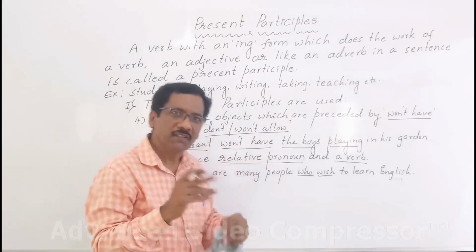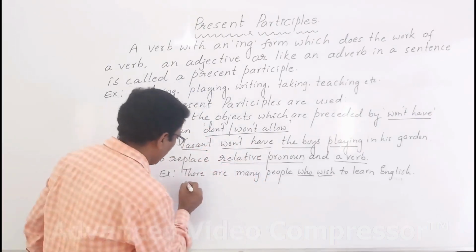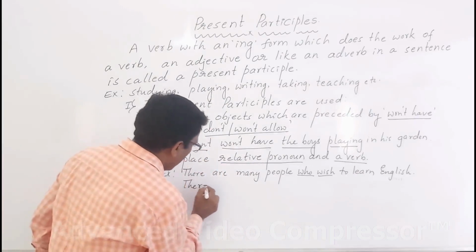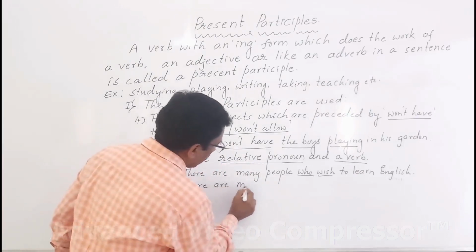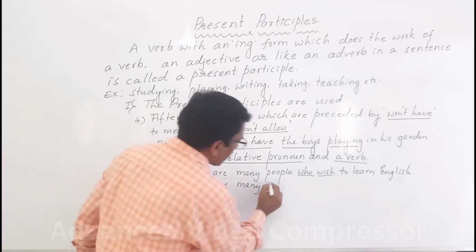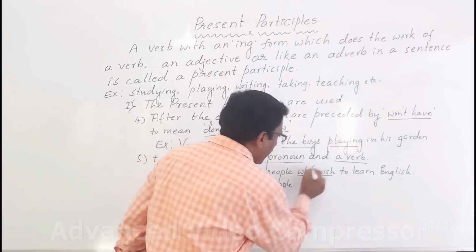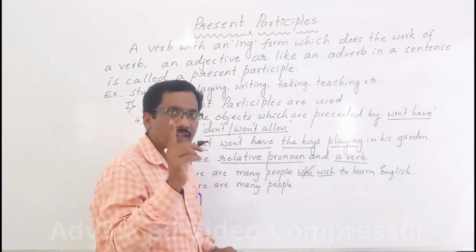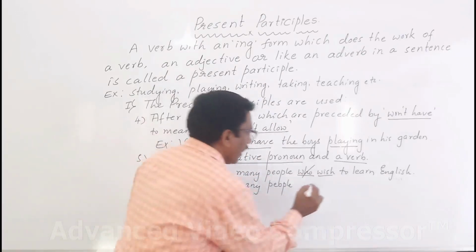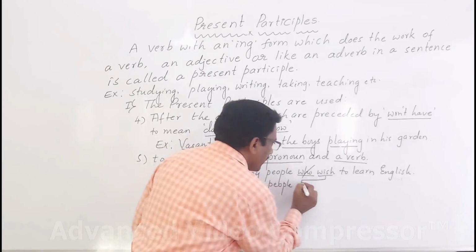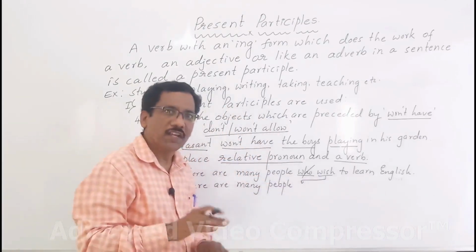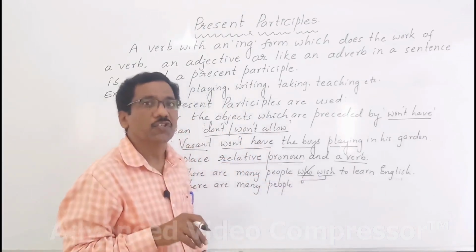So how to change? Please see here. There are many people. It's very easy. And here we have to cancel the relative pronoun who, and the next verb, we have to change it into a present participle.